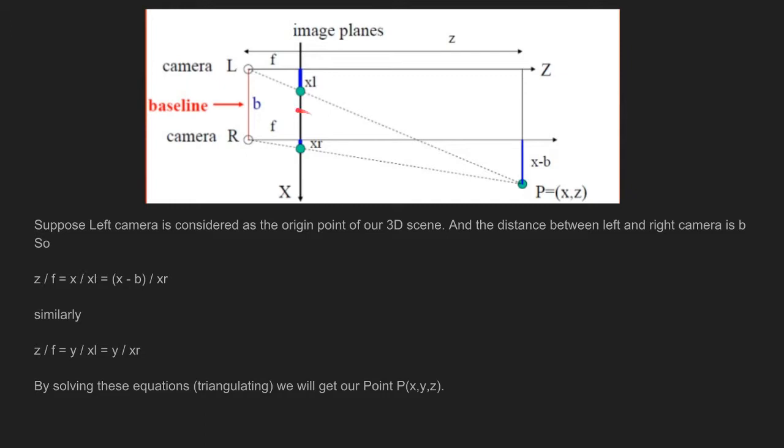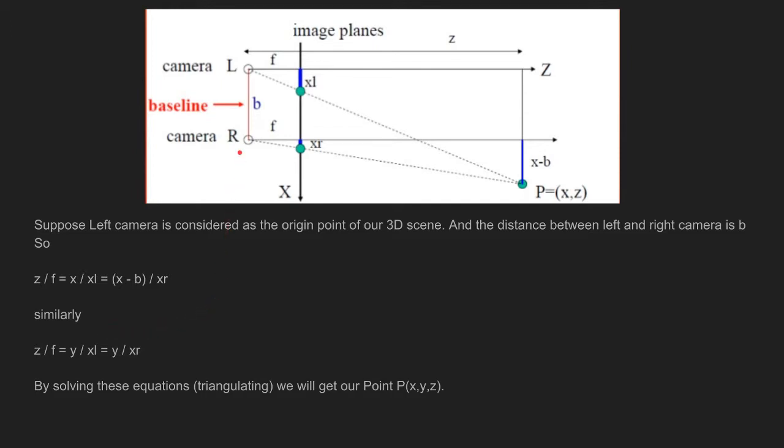So we just have to apply the math to calculate these values x, y, and z. You can see in the image that z upon f will be equal to x upon xl. This is for the left camera. If we look at the right camera, (x minus b) upon xr will be equal to z upon f. Same for the y-axis.